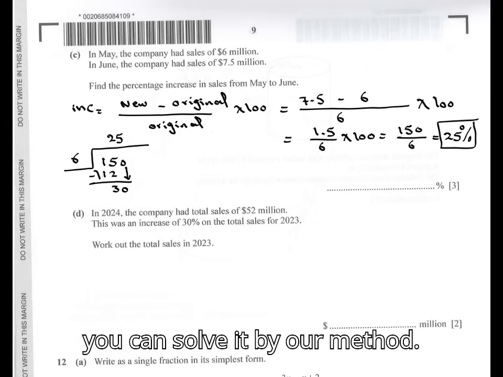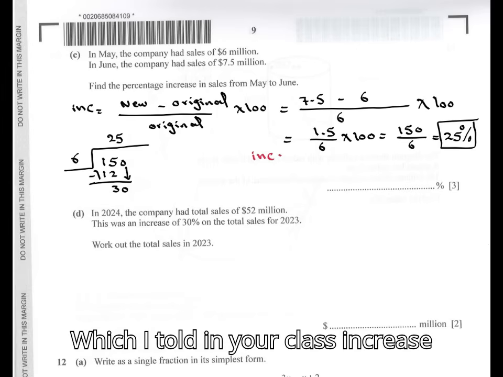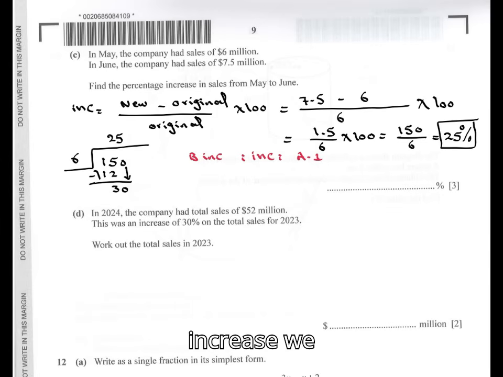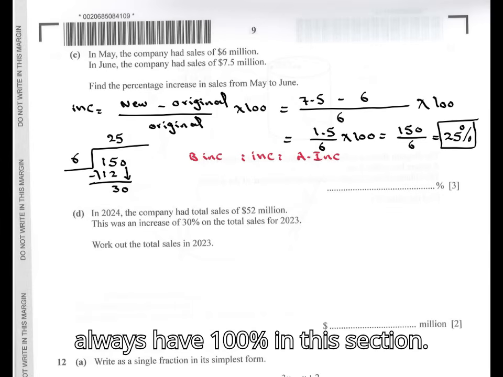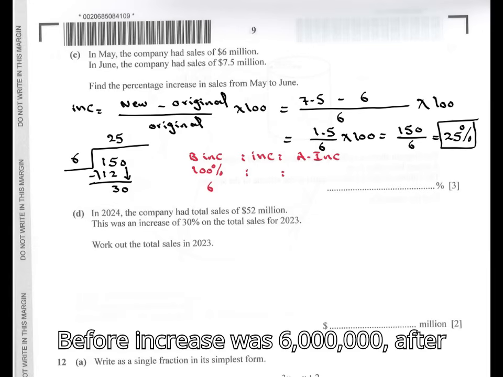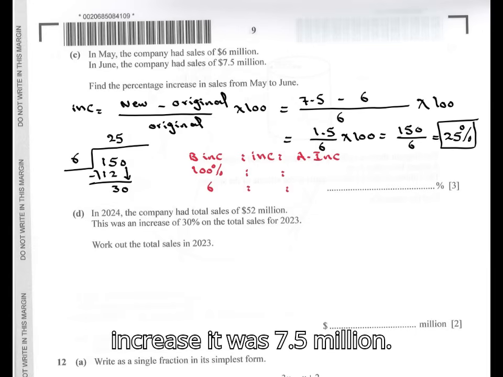Or you can solve it by our method, which I told you in class: before increase, increase, after increase. We always have 100% in this section. Before increase was 6 million. After increase, it was 7.5 million.